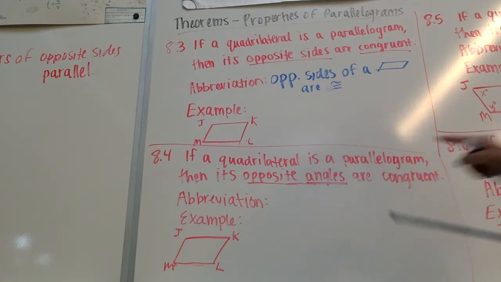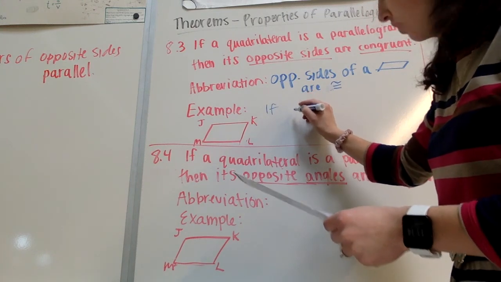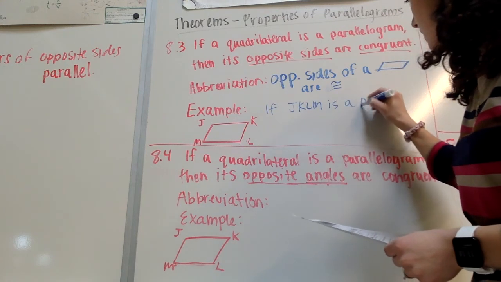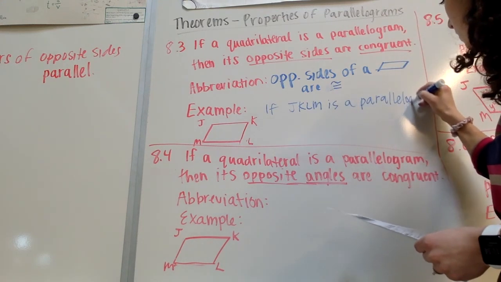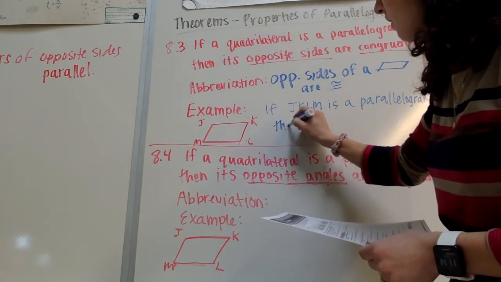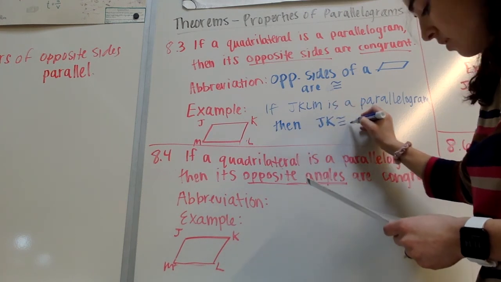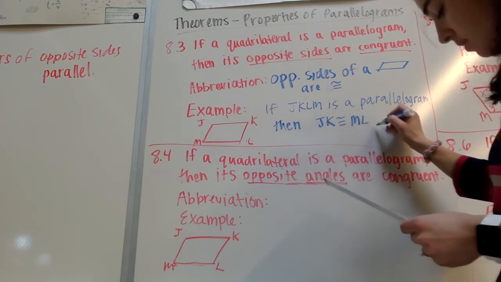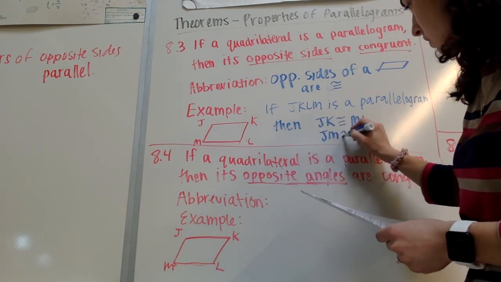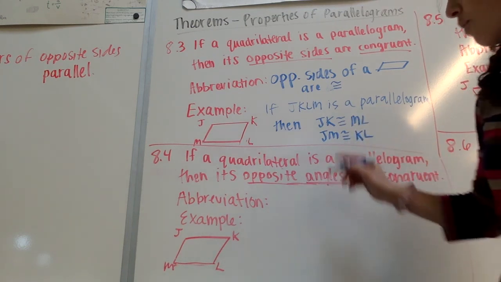Okay, and the example here is, here's the picture, and our example is if JKLM is a parallelogram, then JK is congruent to ML, and JM is congruent to KL, and we're going to mark those on here.